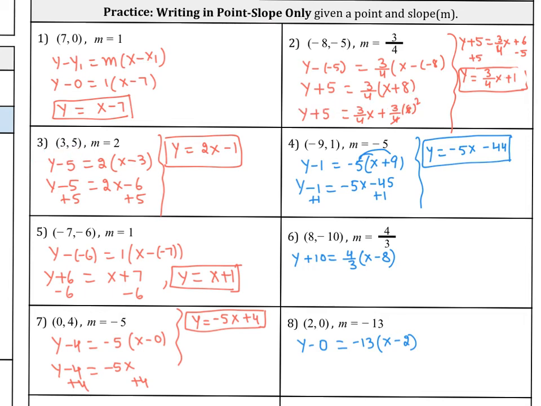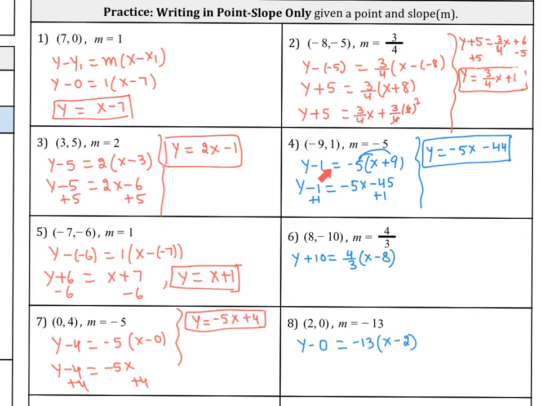For number 3, I'm going to use opposite sign again. So y minus y1, this is y1, m, that is 2, x minus x1, this is 3, and I will leave it here because it's in point slope form. Number 4 again is going to ask me to write y minus y1, so y1 is 1, equals m, that is -5, x minus x1, and x1 is -9, so we're going to use opposite sign, that is +9.